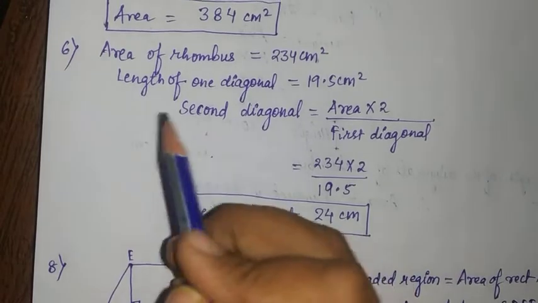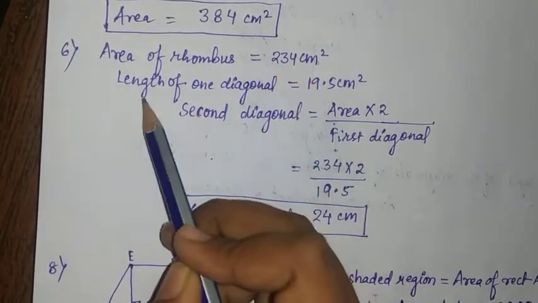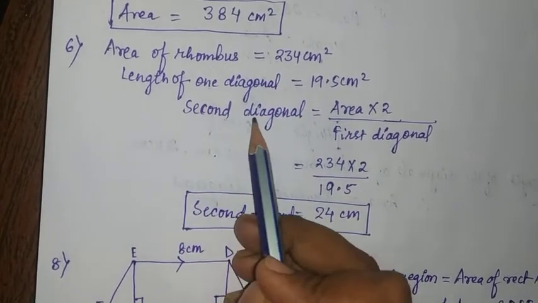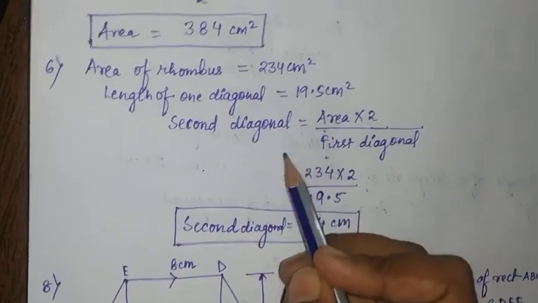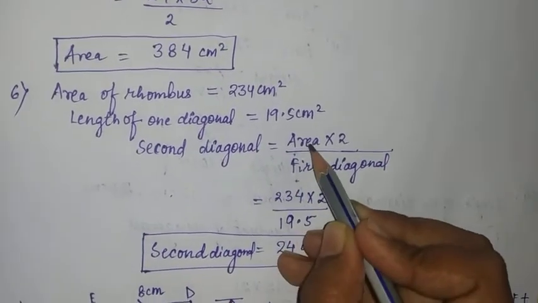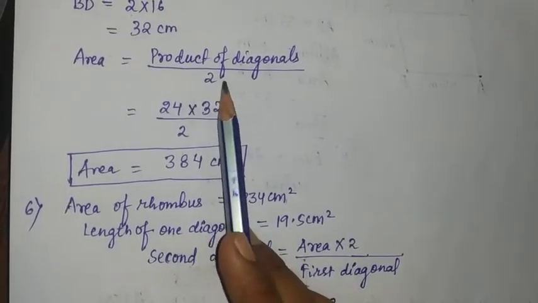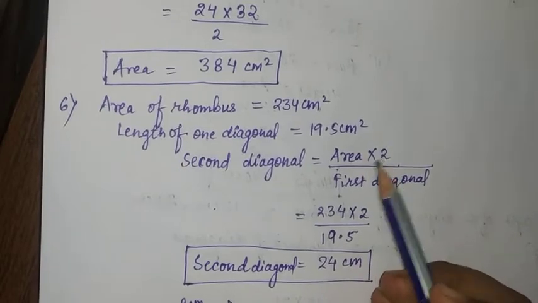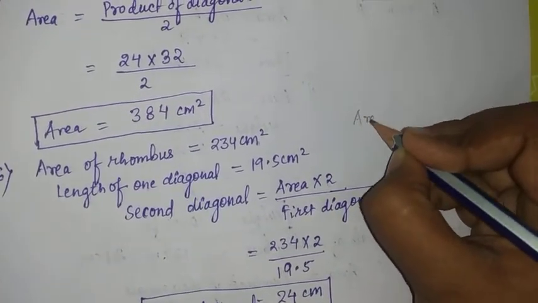In question number 6, the area of rhombus is given, that is 234 centimeter square. Length of one diagonal is given. Second diagonal, you have to find out the length of the second diagonal. Let me write the formula.